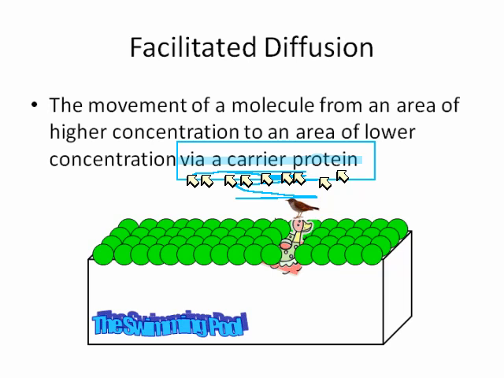Because my carrier protein is a bird, it is only going to move birds into the pool. It's selective. There needs to be a fit in order for it to happen. And once the fit has happened, then yes, it will bring the bird or the ion or the molecule into the pool or into the cell.